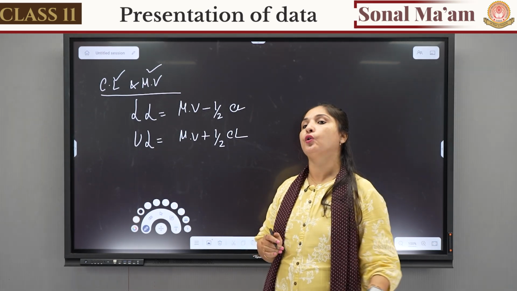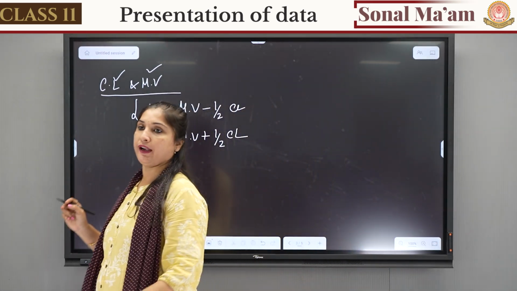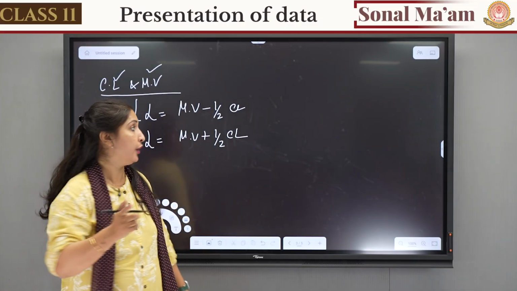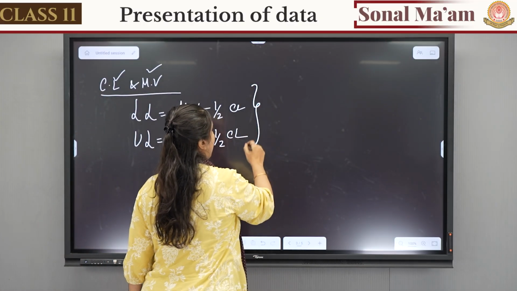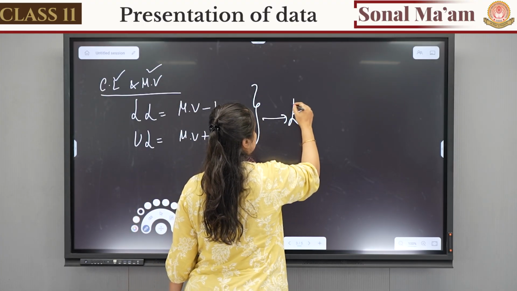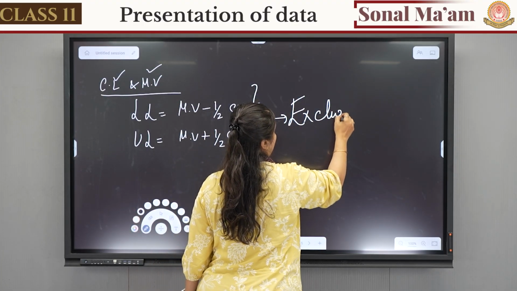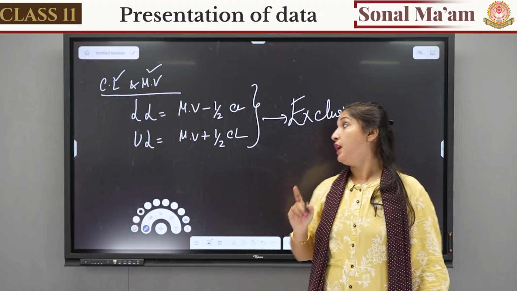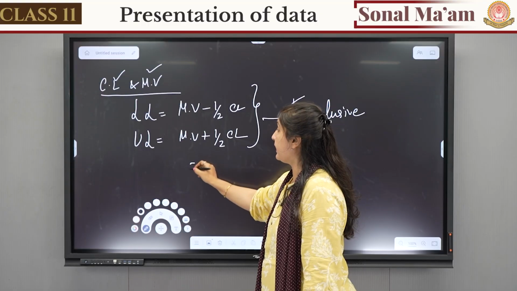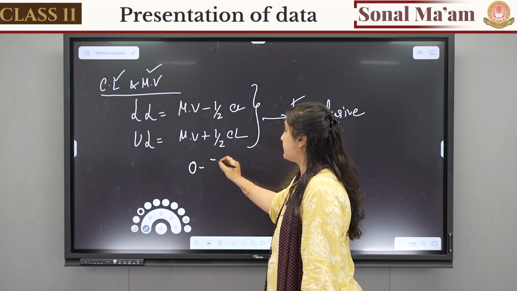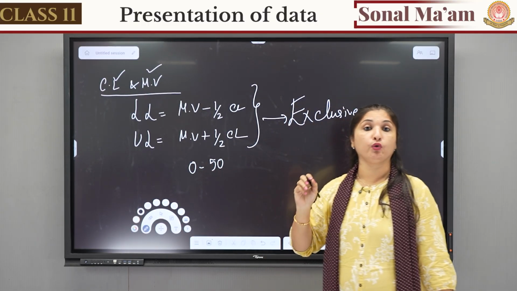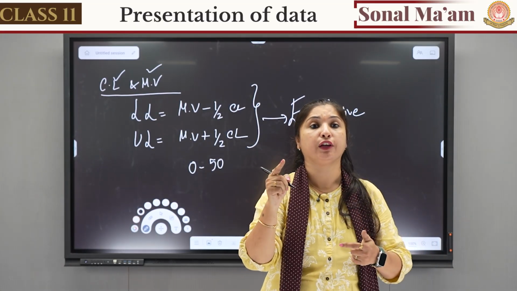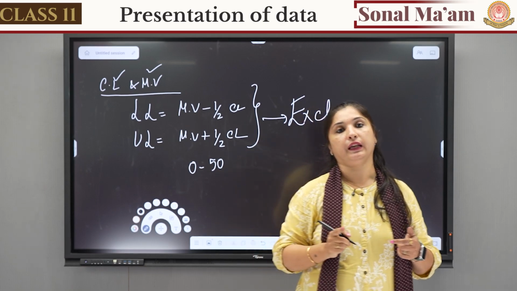Now, what I want you to remember is, after finding this lower limit and upper limit, the class that you will get will be an exclusive class. Means if you got the answer of lower limit as 0 and the answer of upper limit as 50, then 0 to 50 is your exclusive class, means your next class will be starting from 50 only.